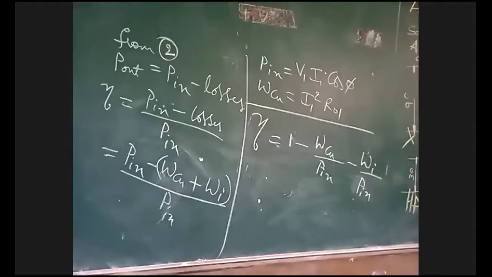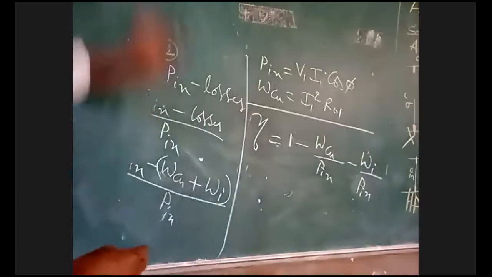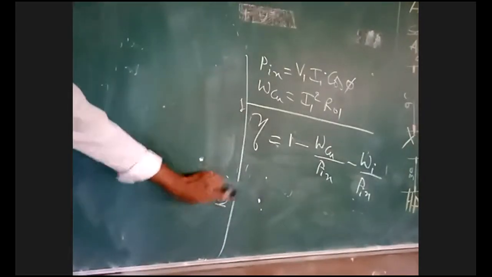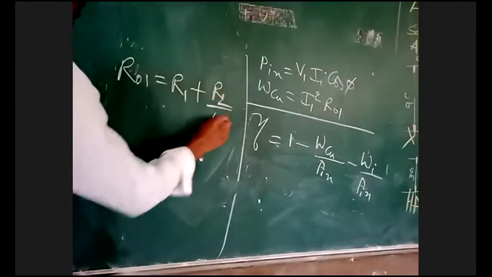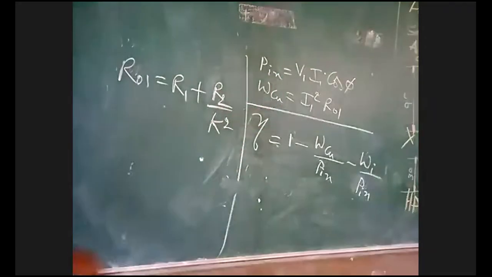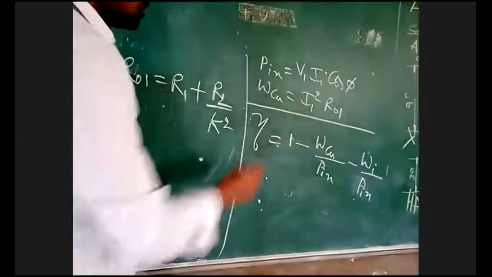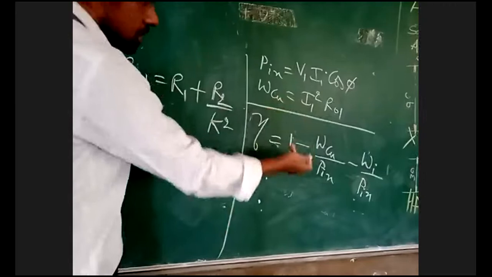What is the formula for R01? R01 is R1 plus R2 by K square. Now substitute these values here. Substitute P in and WCu.